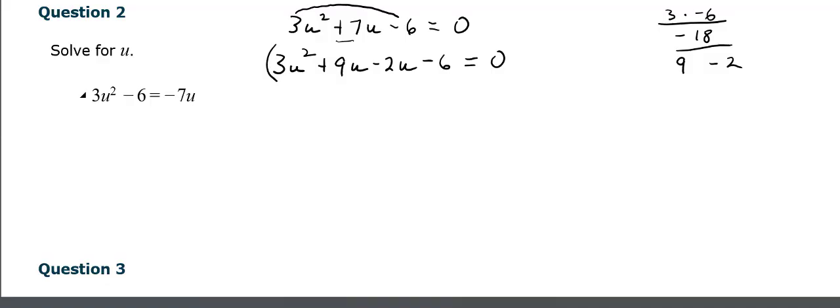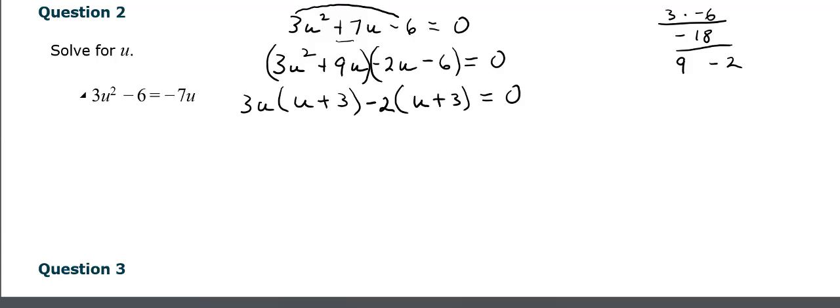Next, we're going to factor by grouping. And in the first group, we remove the greatest common factor, which is 3u. And when we do that, that leaves us u plus 3. And for the second group, the greatest common factor is a negative 2. And when we're dividing a negative 2 out of each, we also end up with u plus 3.